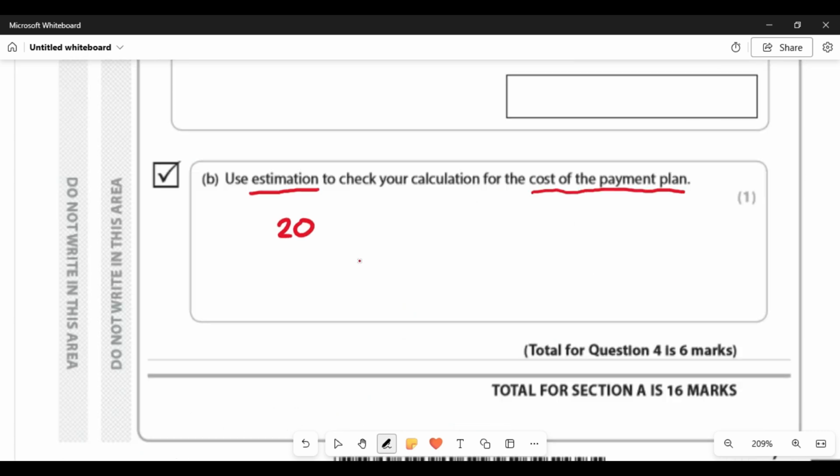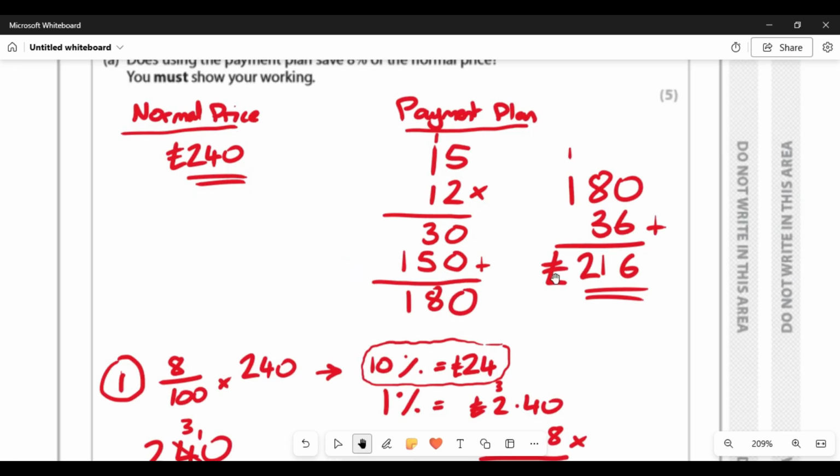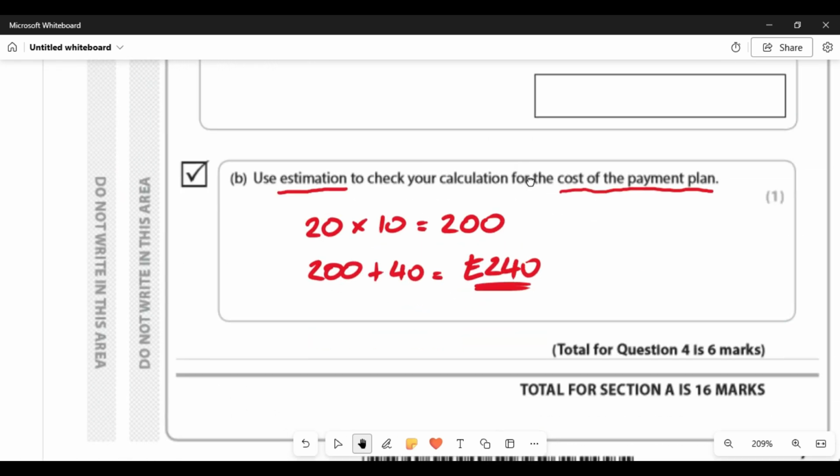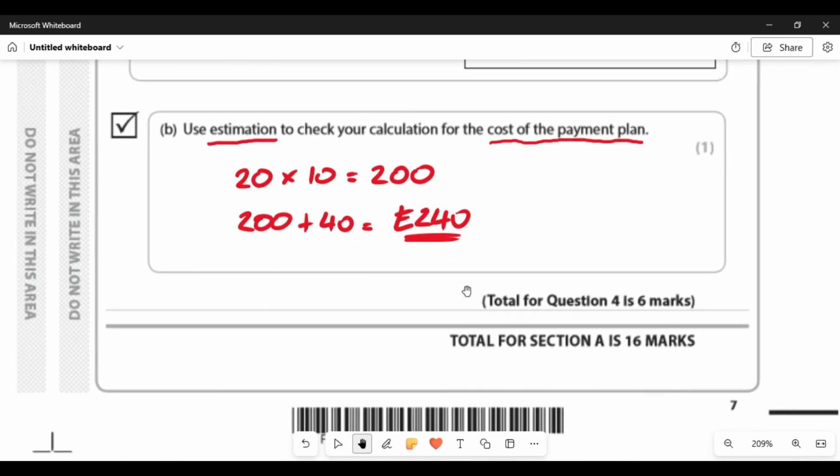So let's do 20 times by 10, which is 200. And obviously 200 plus 40, which is 240, which is roughly equal to what we said before. It's a little bit far from 216. So what I'd probably do is, let me just go back to my answer. Where is it? I'd probably change it then.